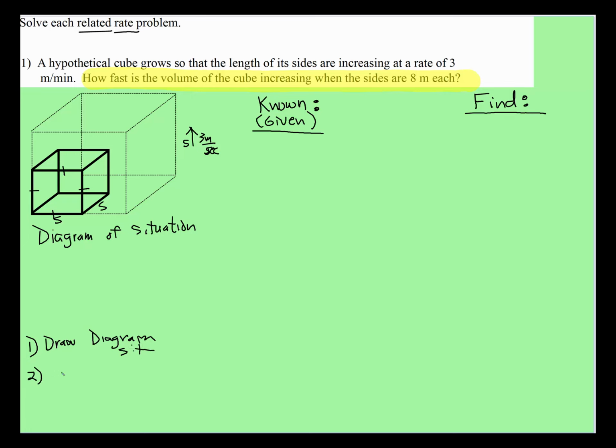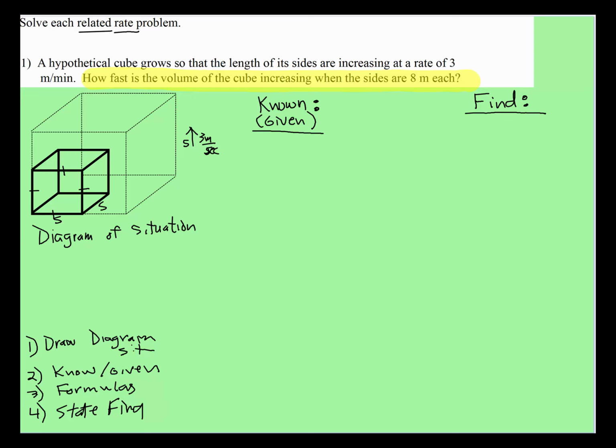Second, figure out what information has been given, and what formulas are associated with the known information or the diagram. And finally, state what it is that you need to find.